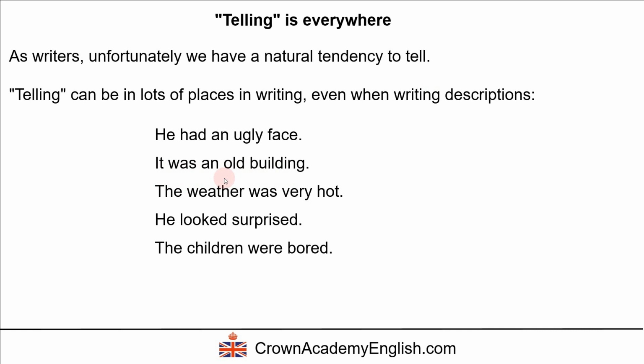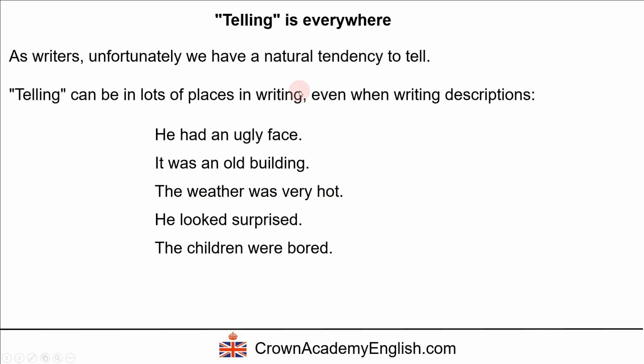So that would be much better to show why or show how the building is old rather than just saying it is old. The weather was very hot. There are ways that we can show that the weather was very hot rather than just telling the reader that the weather was very hot.